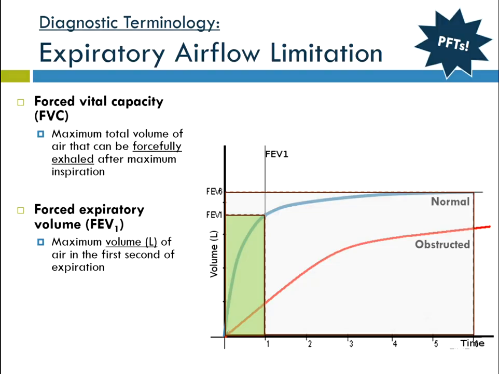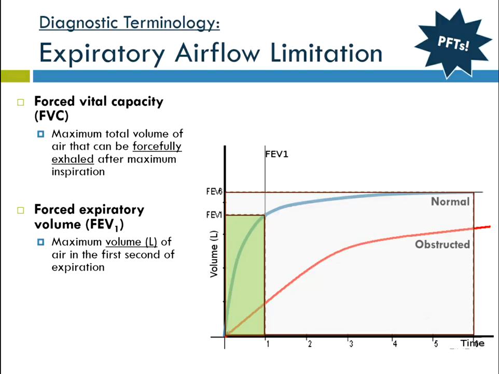On the x-axis, we have time. On the y-axis, we have volume. They were able to exhale for a total of 6 seconds, whatever FEV6 equals, which is their FVC, the total amount of air. In the first second, the green box is your FEV1.